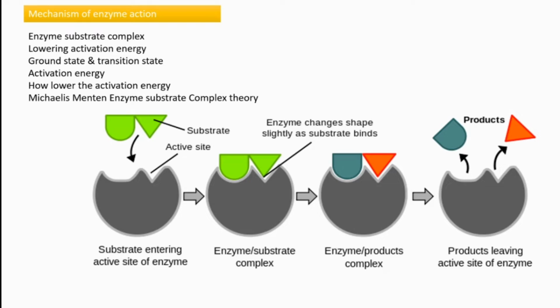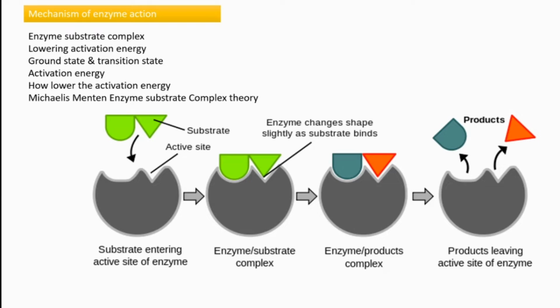Then we need to understand activation energy. Only on reaching a certain energy level does the reaction proceed forward. So if that activation energy is very high, the reaction will not proceed quickly. So the enzyme has to lower that activation energy to make the reaction proceed in the forward direction very fast.